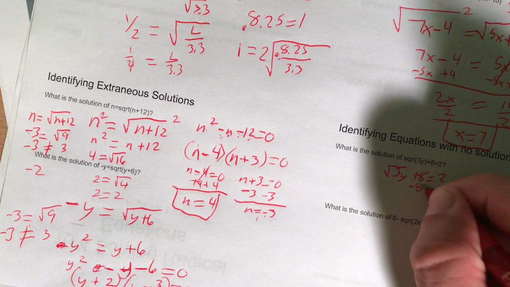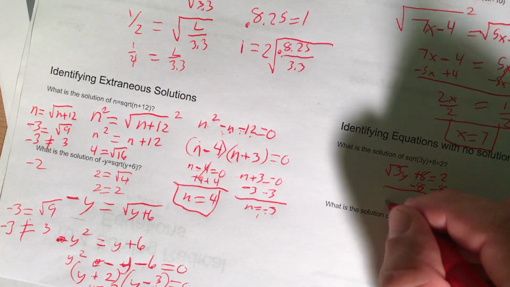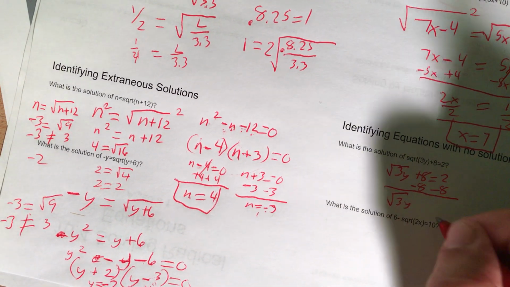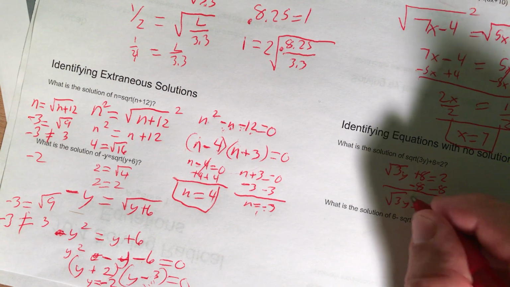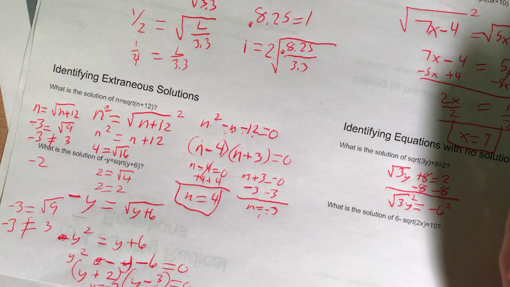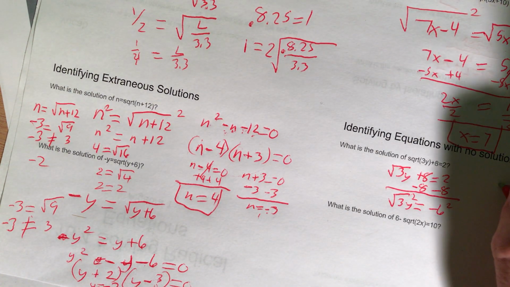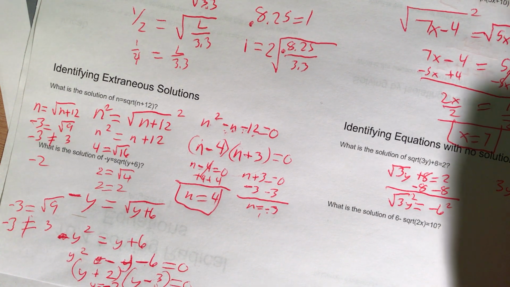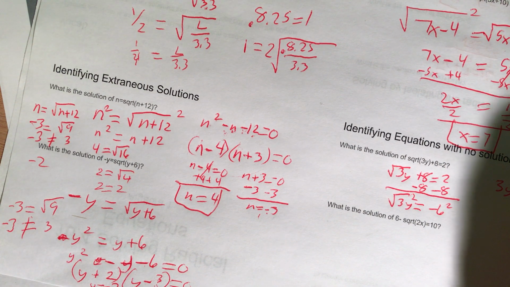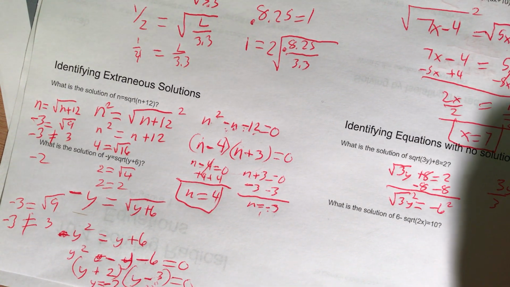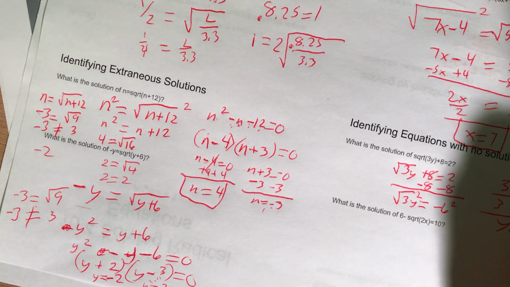This would be minus 8, so you'd end up with the square root of 3y equals negative 6. You'd square both sides. Well, a negative times a negative is a positive, so you'd end up with 3y equals 36. Divide by 3, you get y equals 12.